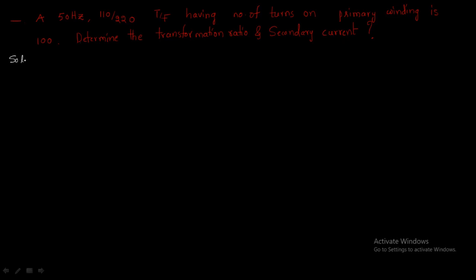The given frequency is 50 Hz. In a problem, if the frequency is not given, it is always 50 Hz. And 110 by 220, if mentioned, is always the induced EMF or voltage ratio.